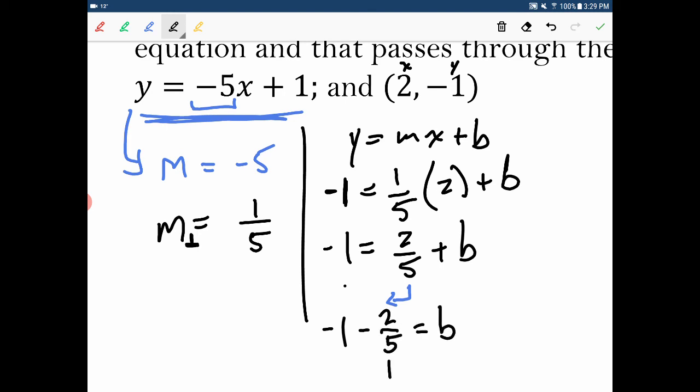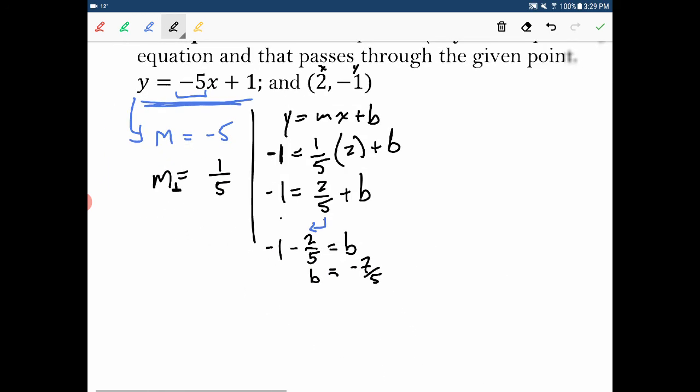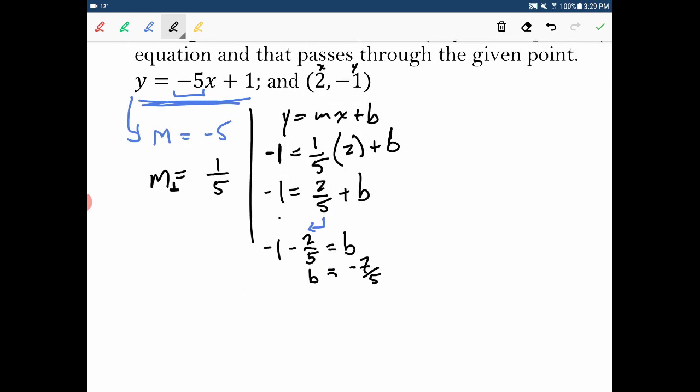All right, so then b is equal to, and we say what's negative 1 minus 2/5? That's going to be negative 7/5. Okay. And remember, you can use your calculator to do those fractions if you can't do them in your head. All right? But what you would have done is you would have made that 1 into a 5 over 5.